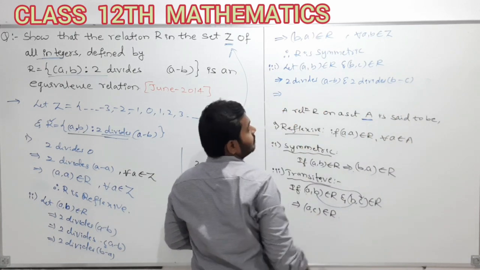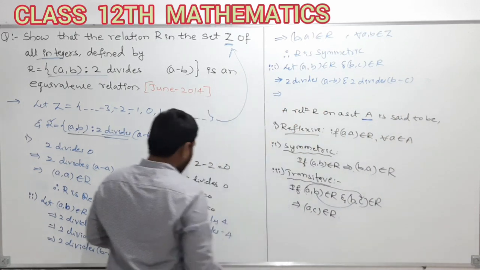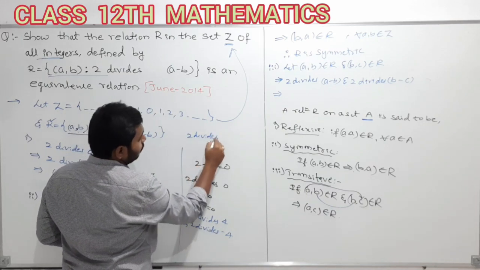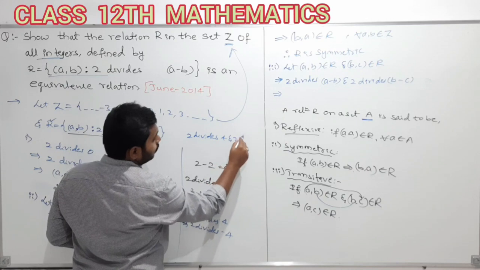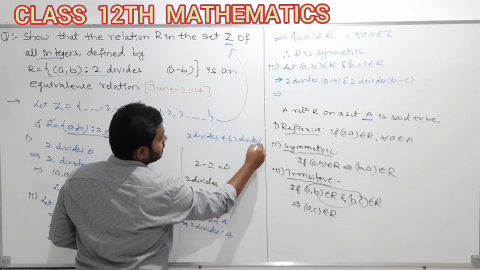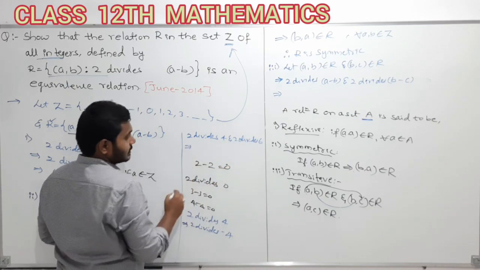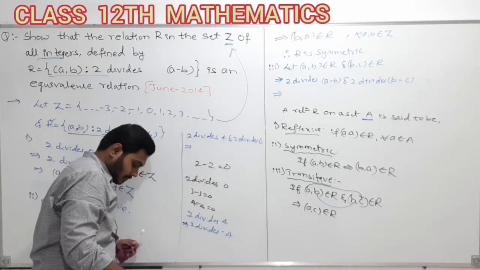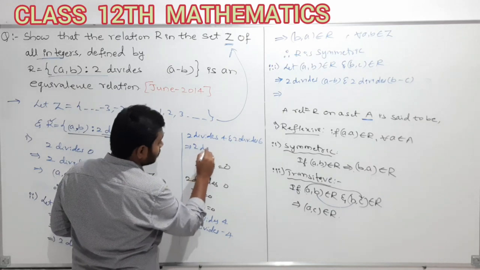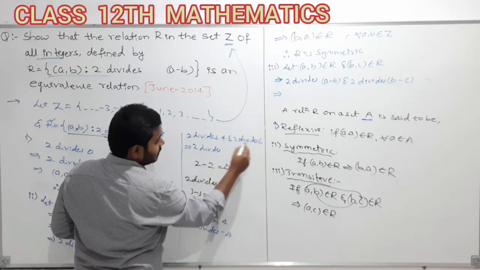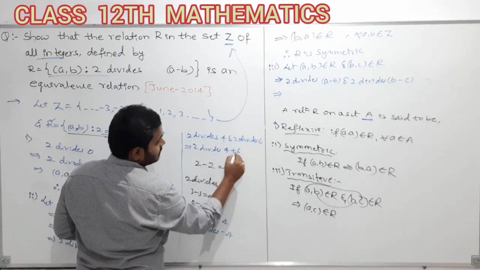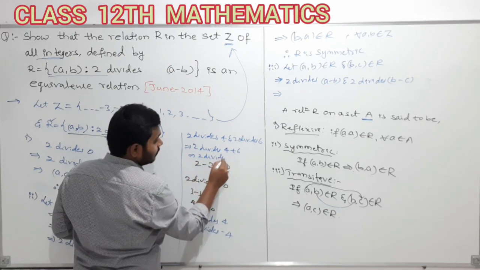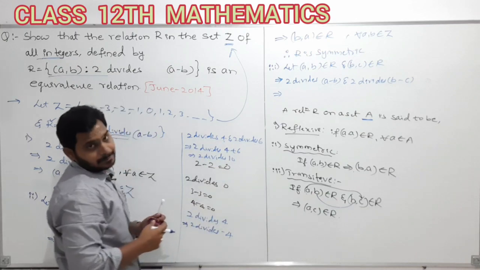And this implies, my dear students, please remember, if 2 divides 4 and 2 divides 6, then 2 also divides the addition of these two numbers, 4 plus 6, which is 10.